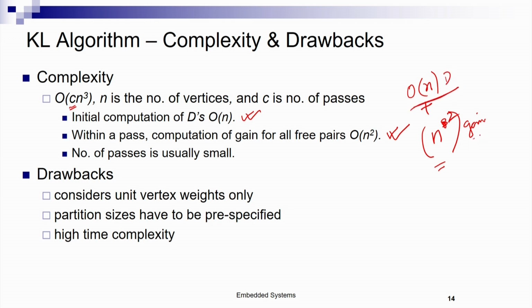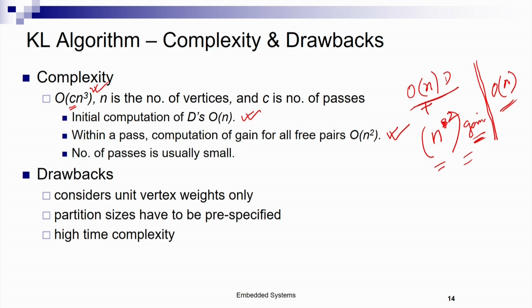With these d's you go on calculating the gain values in one phase, and then you go on doing this until all these nodes are locked. So, the number of times this loop will go is again big O of n times, because until all pairs are locked you will go on doing this loop. Okay. So, the overall complexity of this algorithm becomes big O of C n cube.